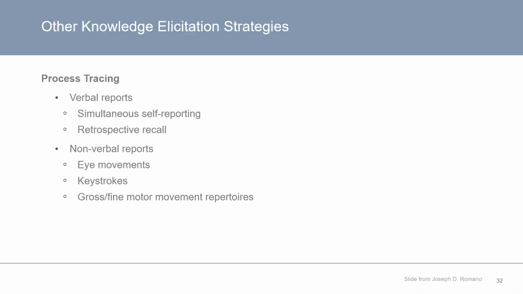Another knowledge elicitation strategy could include process tracing, which could be verbal reports, including simultaneous self-reporting or retrospective recall, or nonverbal reports, such as observing eye movements or gross fine motor movement repertoires. Another might be protocol analysis, including content analysis, discourse analysis, or grounded theory.